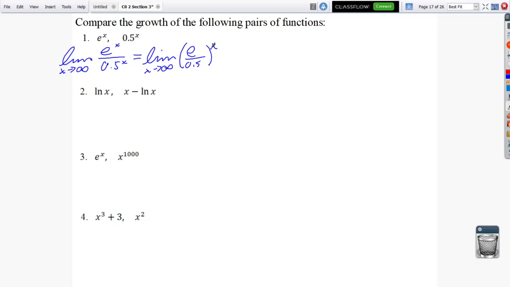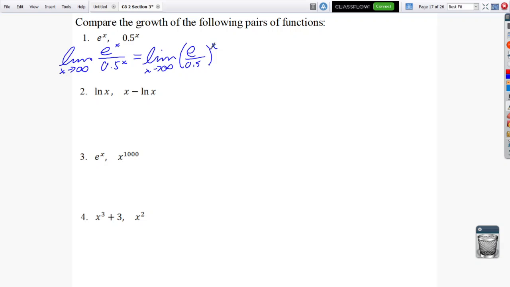Rewrite it as 1 power. And I happen to know that if you take a number bigger than 1 and multiply it by itself, the number gets bigger. If you take a number that is smaller than 1 and multiply it by itself, you get smaller. And that repeats ad infinitum until you get that number to infinity.